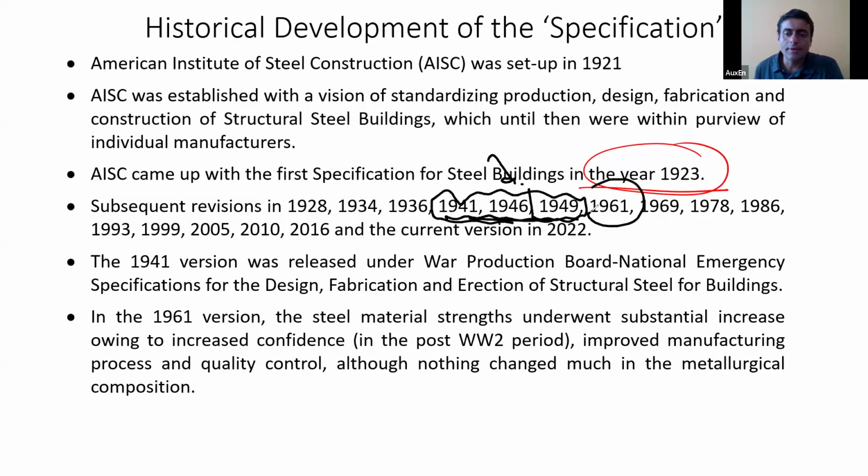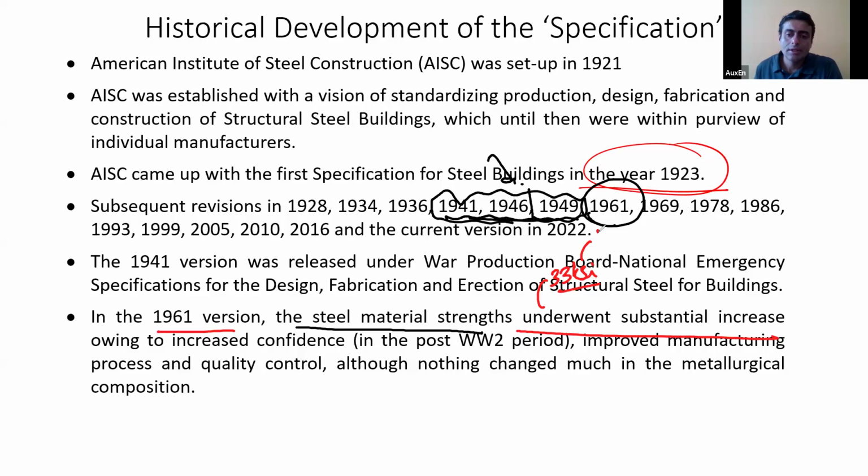But then in 1961, in the post-war era, the steel material strengths, this is interesting, just note what I'm saying over here, the steel material strengths in the 1961 version underwent substantial increase. So till that time, the material that was used was around 33 KSI.